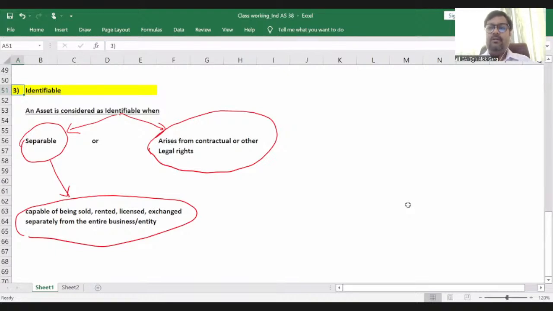For example, there is a company XYZ Private Limited, and XYZ Private Limited has a legacy of, let's say, 50 years. XYZ Private Limited is selling a product for the last 50 years. So they have created a market share.